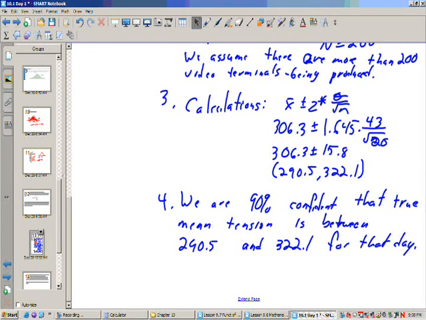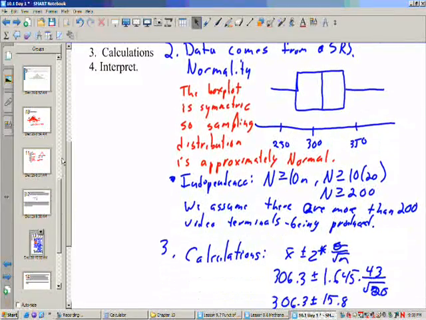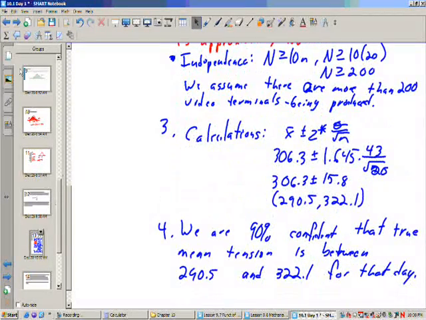All right, and there we go. We are done with our first confidence interval. Now keep in mind we need to write it up just like this in order to get full credit.